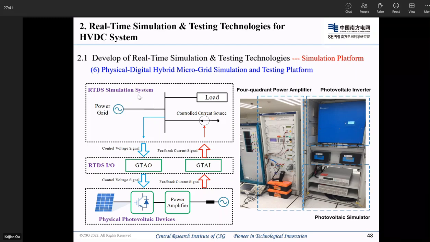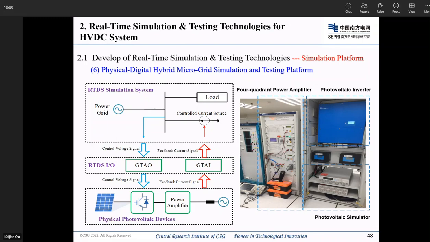And another is a physical digital hybrid microgrid simulation. Because now renewable energy is developing very fast, and also microgrids, and somewhere there are some kinds of microgrid.